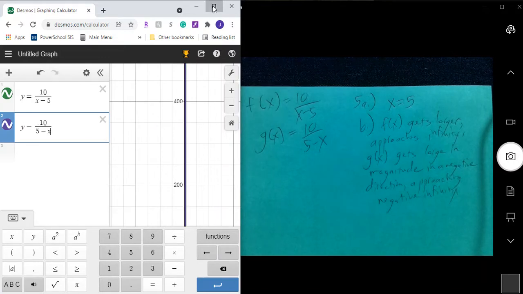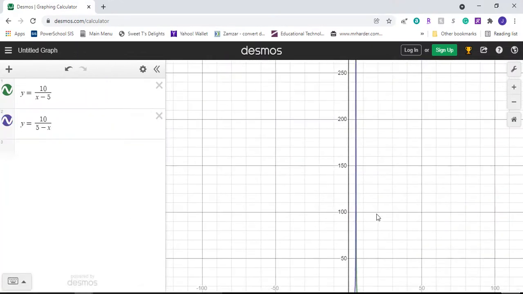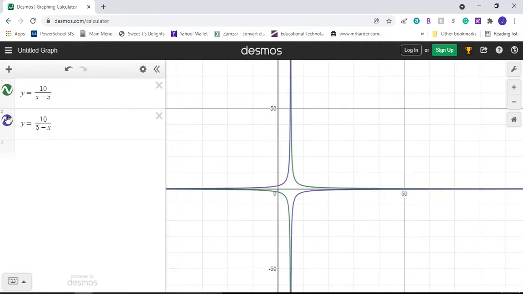Let me expand this out. So we know that this is f of x. Now it says, describe what happens to the output value when x is near the vertical asymptote but to the right of it. This is to the right of the vertical asymptote.